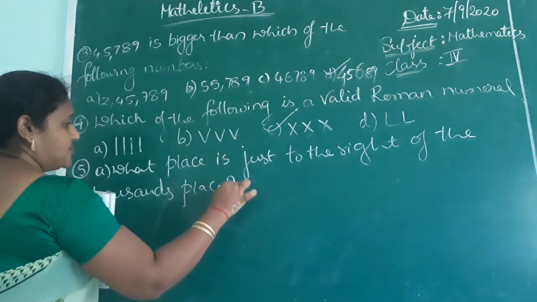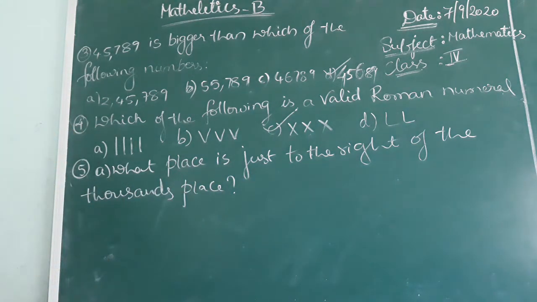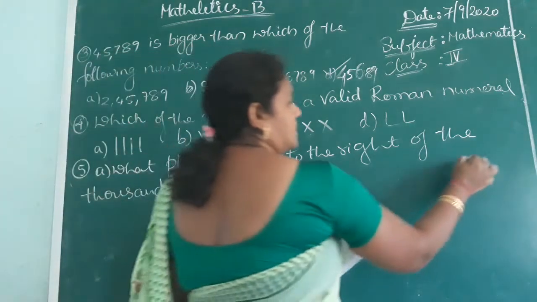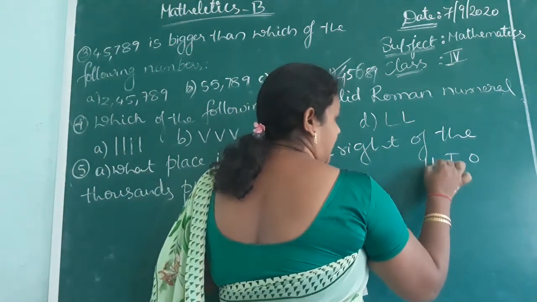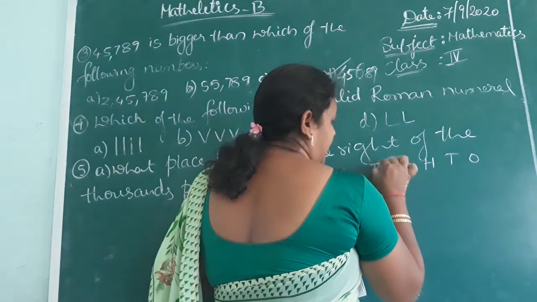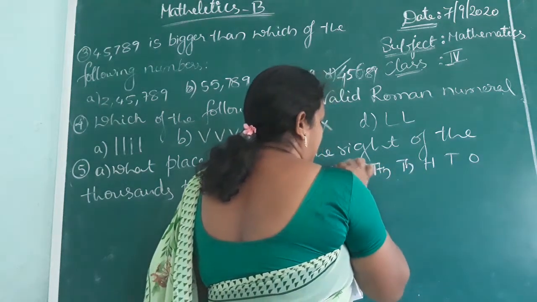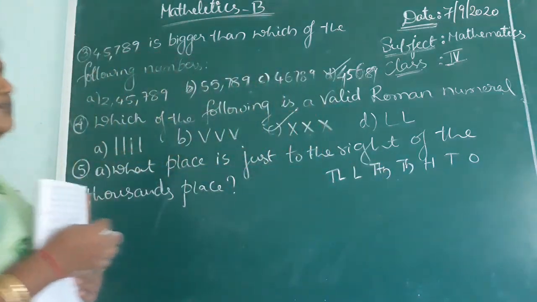Children, for these questions, first we should write the place values. What are those, children? I'll write ones, tens, hundreds, thousands, 10,000s, lakh, 10 lakh. Okay, up to then enough.